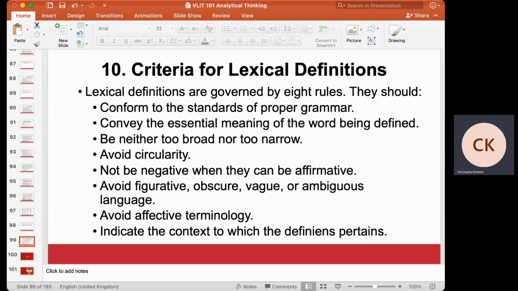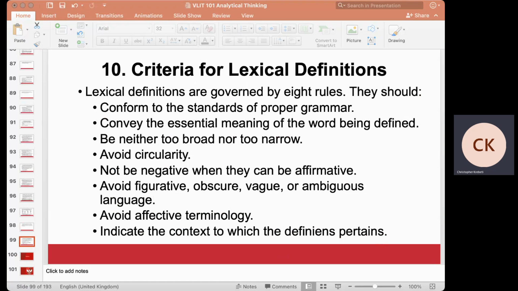Number 1, they should conform to the standards of proper grammar. And then they should convey the essential meaning of the word being defined. So please read further on these issues, these examples, so you can get clarity on them.